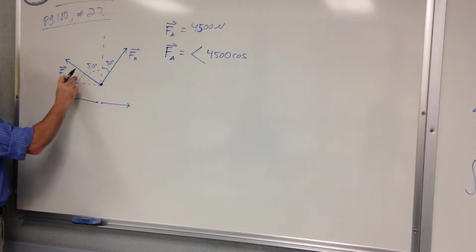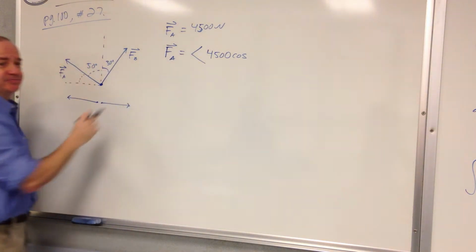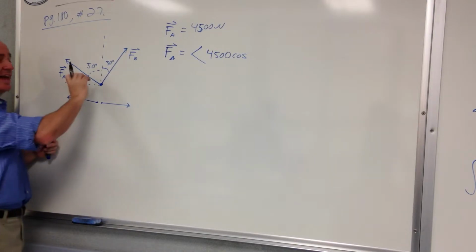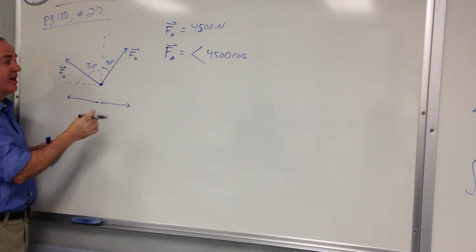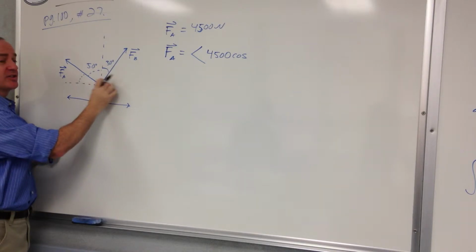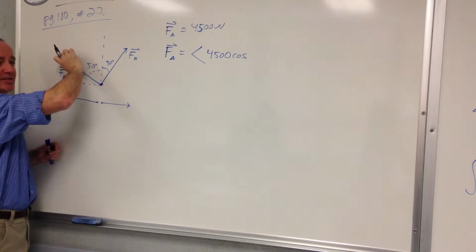We can use this 40-degree angle with this cosine, but then what else do we have to do? We would have to make it negative, because this force is going to the left in our drawing. If we didn't want to use the negative sign, what angle would we have to use? That would be 140. Tyler's remembering his trig very well, because we could also use the standard angle, 140 degrees.